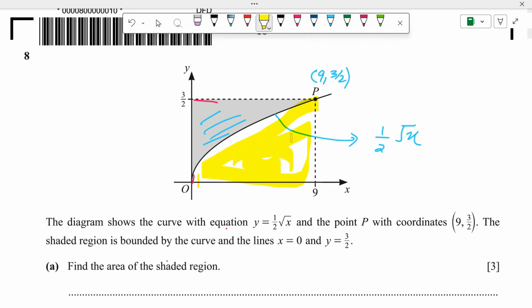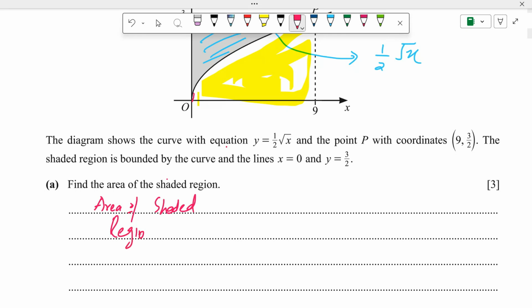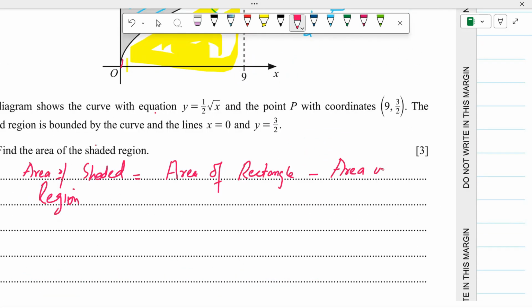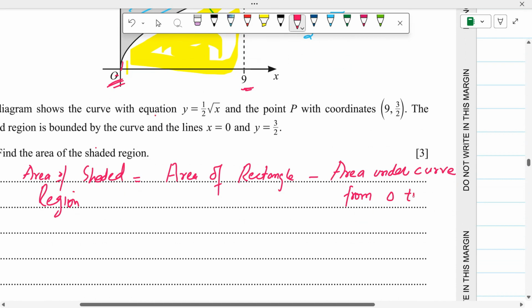If we can find the area under the curve from 0 to 9 and subtract it from the area of the rectangle, we can find the area of the shaded region. Area of shaded region is equal to area of rectangle minus area under the curve, from the origin to 9, 0 to 9.